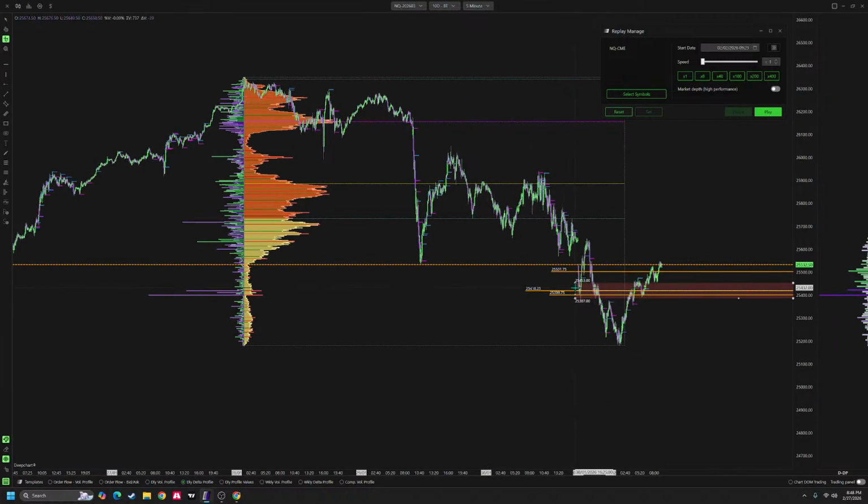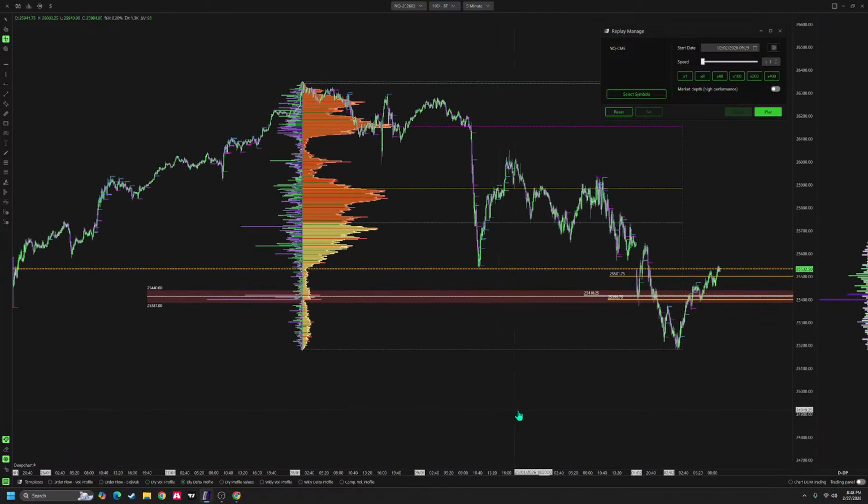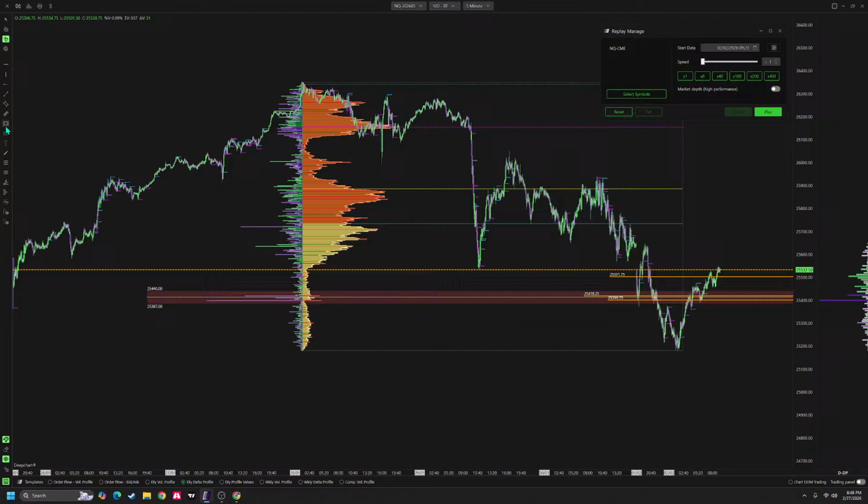We can see here too, just trying to make some connections for you. That's a strong zone, right? Clear. We could see right here that was a strong zone.